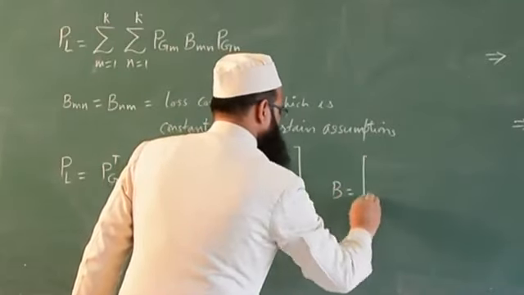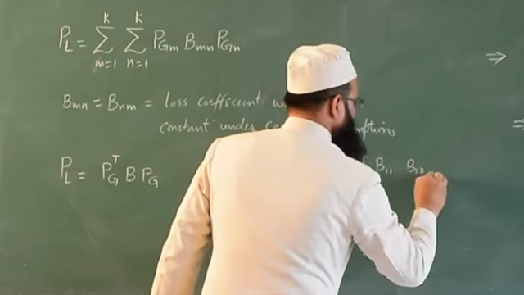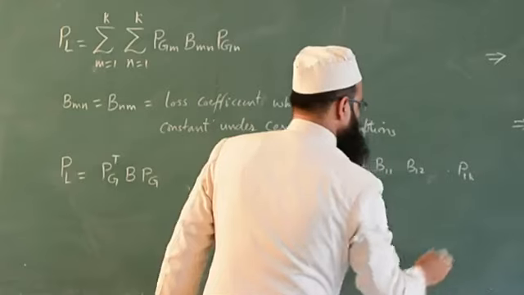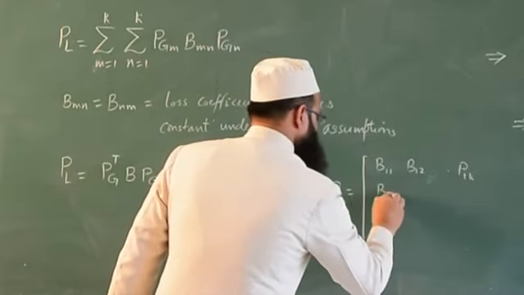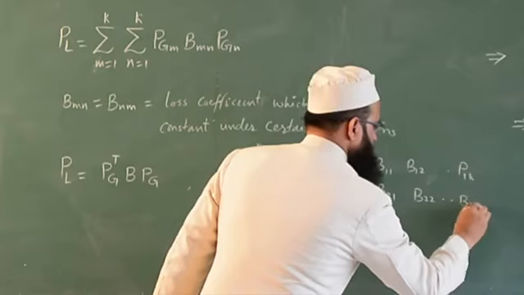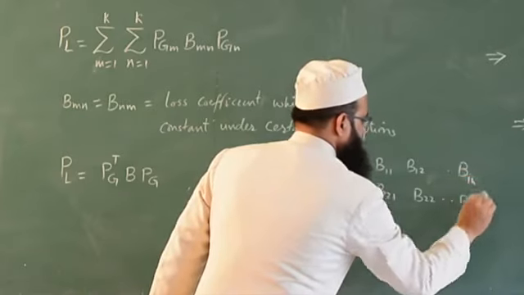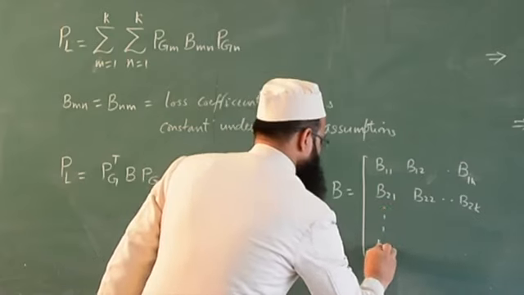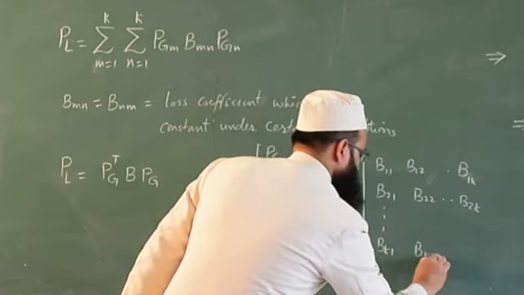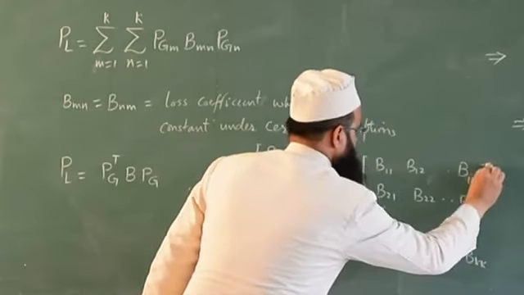B is nothing but B11, B12, up to B1K, B21, B22, B2K, up to BK1, BK2, BKK.